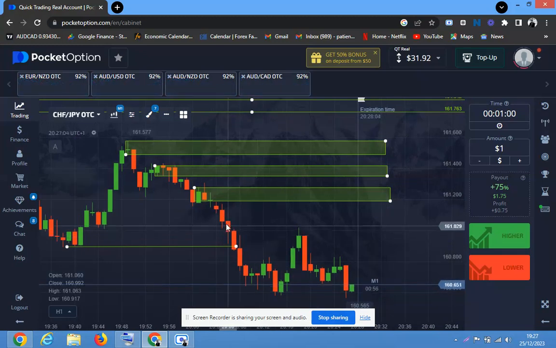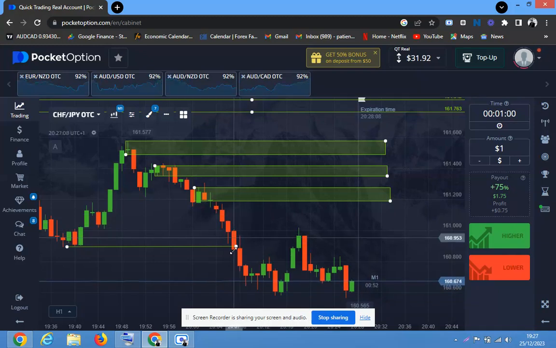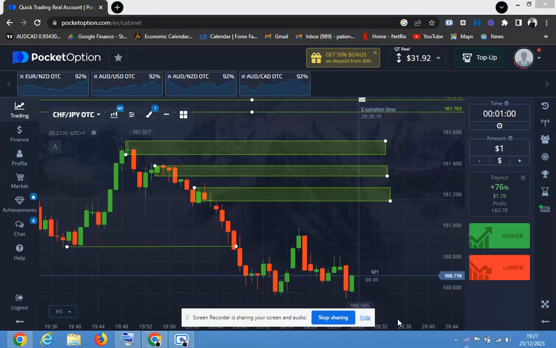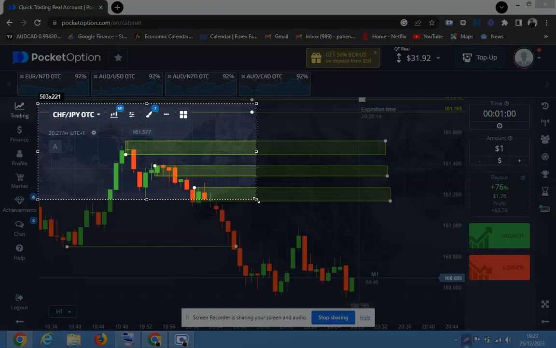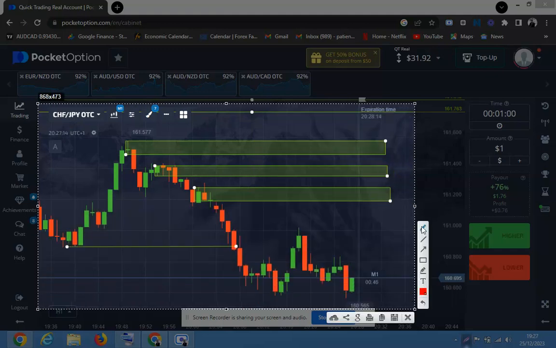Then also there is what we call a hidden supply and demand. In this case, there is a hidden supply here because if you observe this candlestick, it got a rejection from buyers, and there was no sign of buyers.